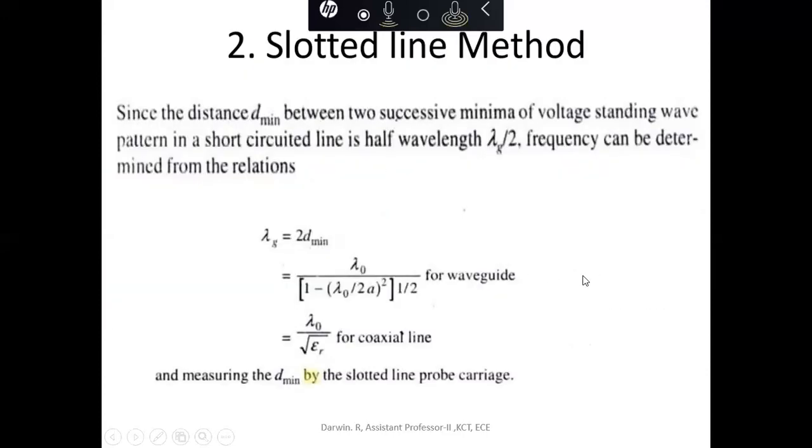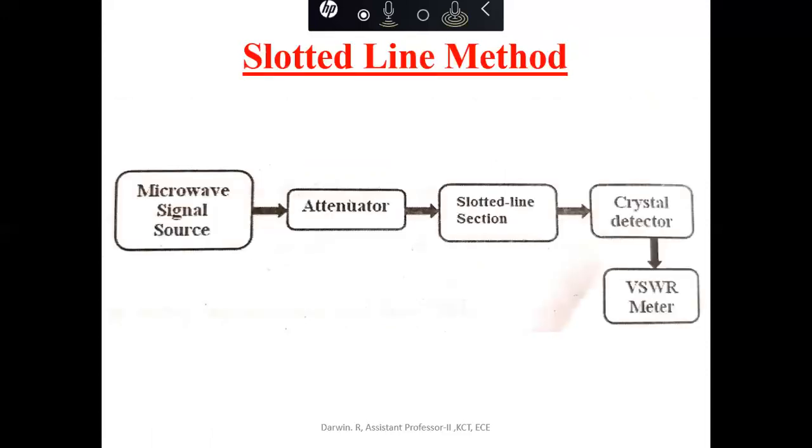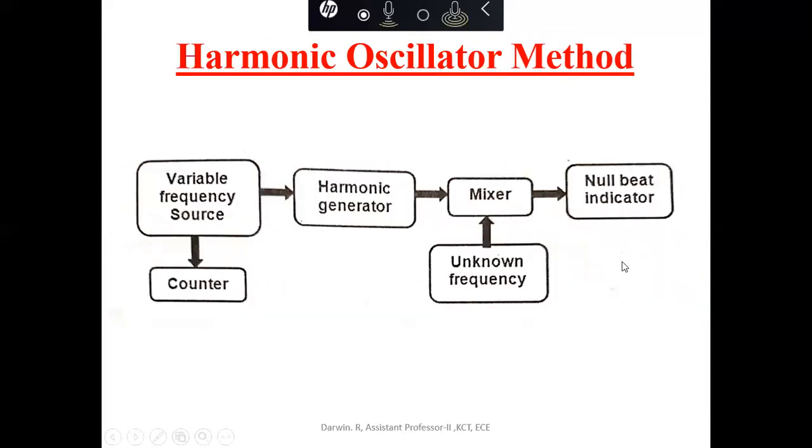But in the slotted line method, there is no direct thing available. You have to find the parameters and solve it, and you will get the value of resonant frequency. This is the method used to measure the frequency using the slotted line method. The third one is the harmonic oscillator method.